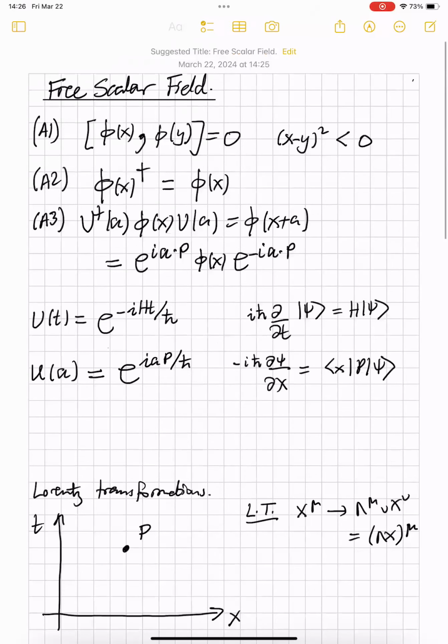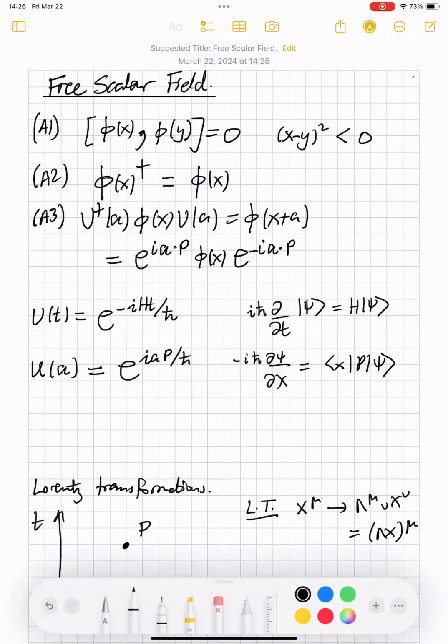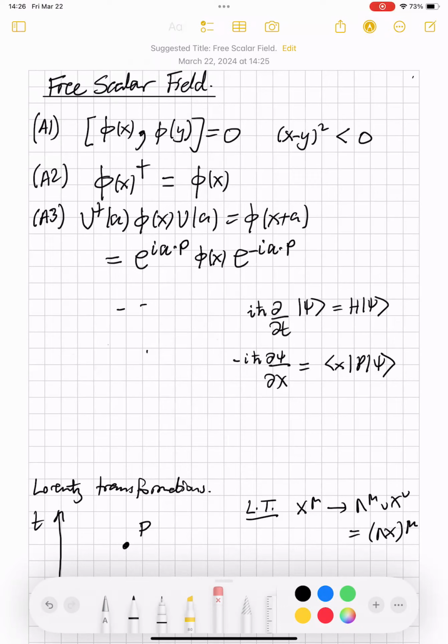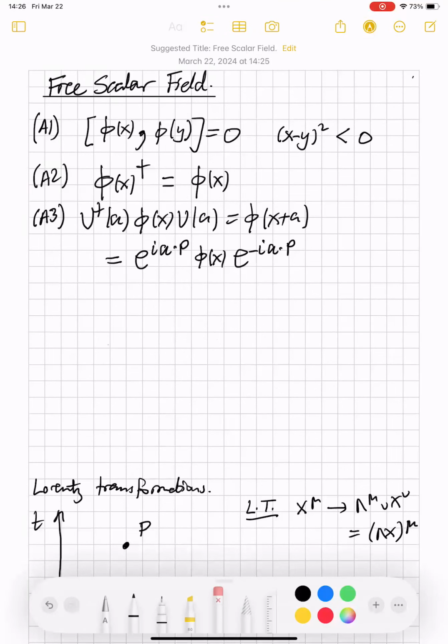So that's how we want our field to transform under a Lorentz transformation. So let's just capture that as another axiom. Good. Let me just clean a little bit of space here. We don't need this anymore. That's perfect. Good. So let's say axiom 4.